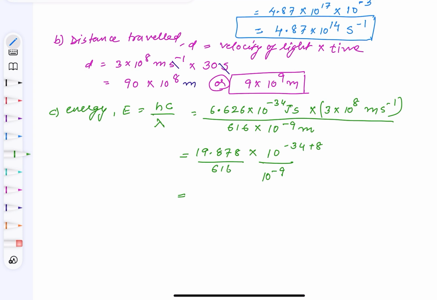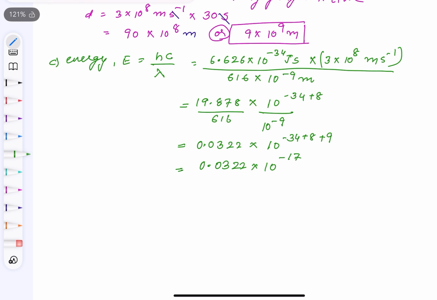Now we divide 19.878 by 616, you will get 0.0322, and here you will get 10 to the power of minus 34 plus 8, and when this denominator 10 to the power of minus 9 comes in the numerator, it can be written with plus 9. So here you will have 0.0322 into 10 to the power of, you can add 8 plus 9, it would be 17 minus 34, you will get minus 17 here.